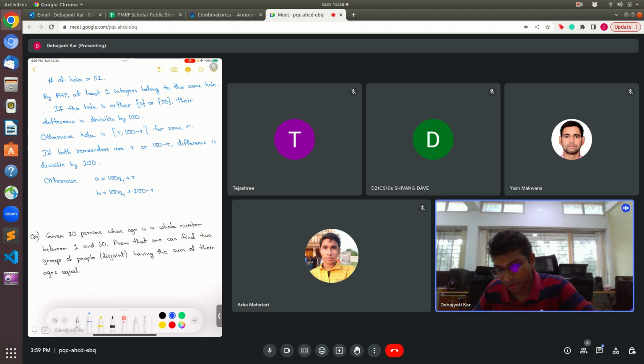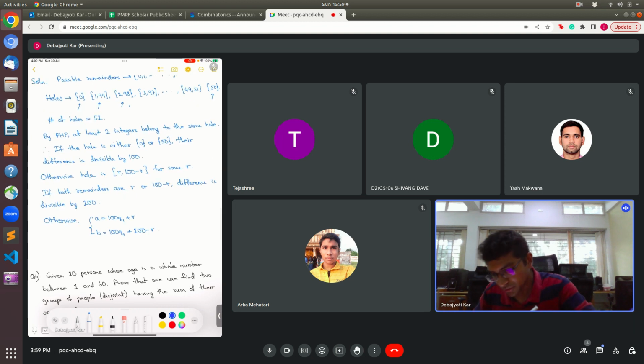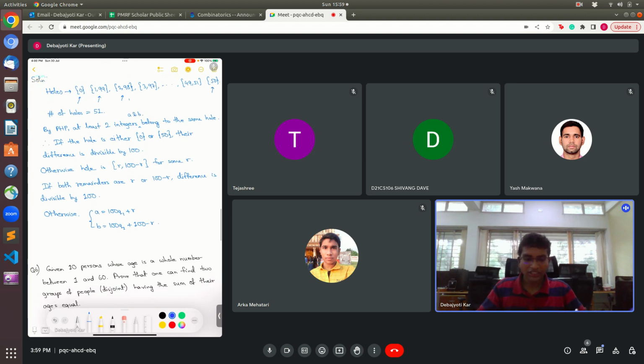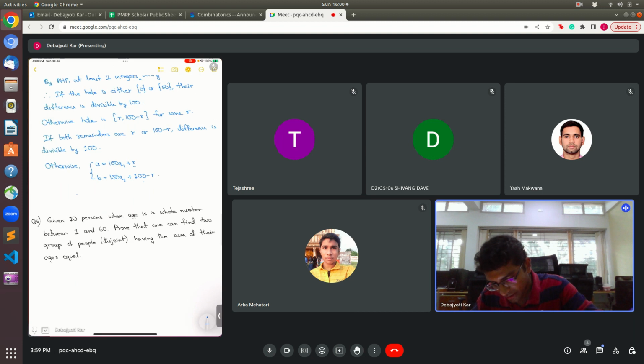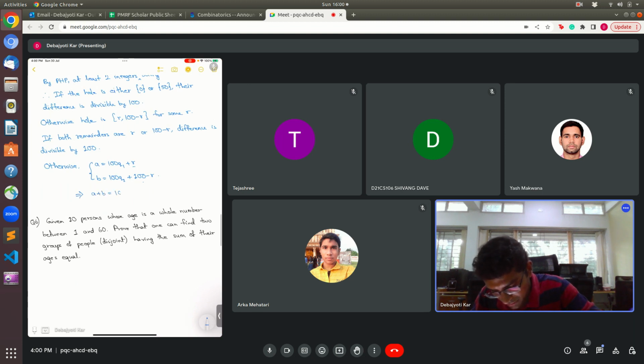So these two numbers a and b, these were the numbers. One of them, let's say a, leaves remainder r and the other number b leaves remainder 100 minus r. But in that case their sum a plus b will be divisible by 100.